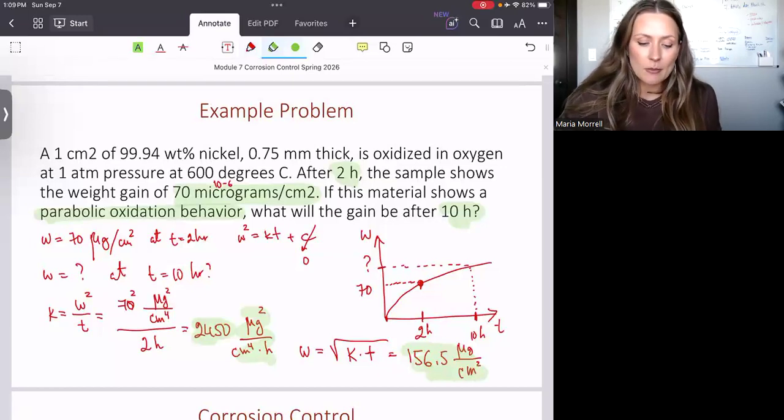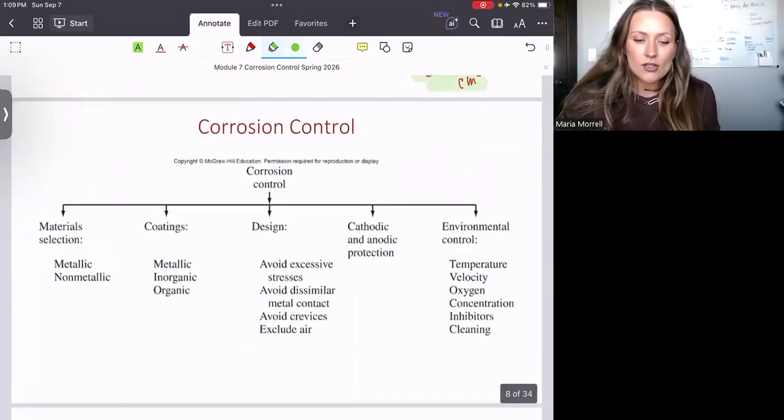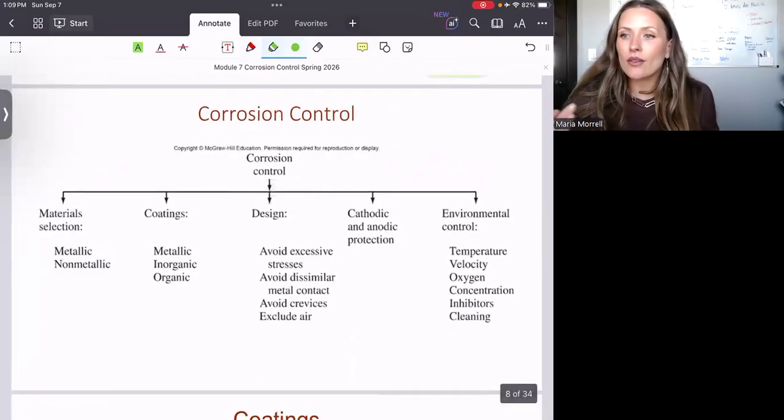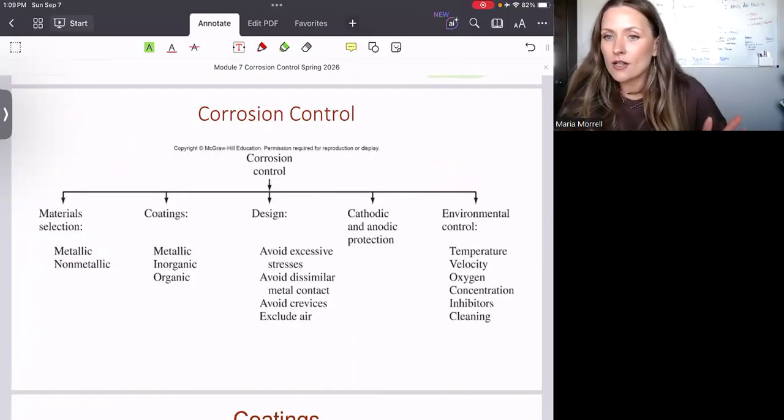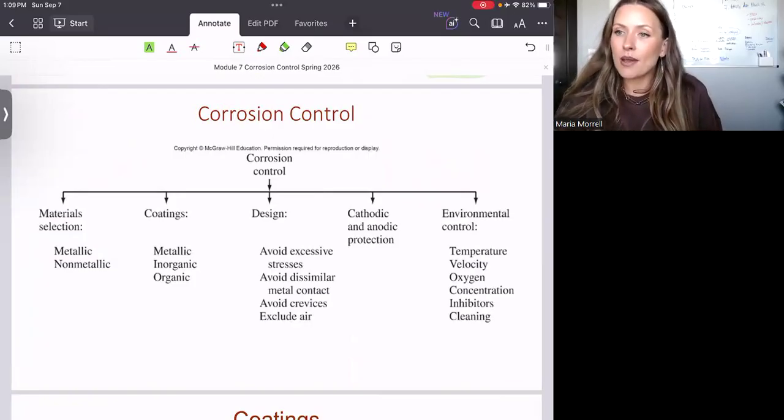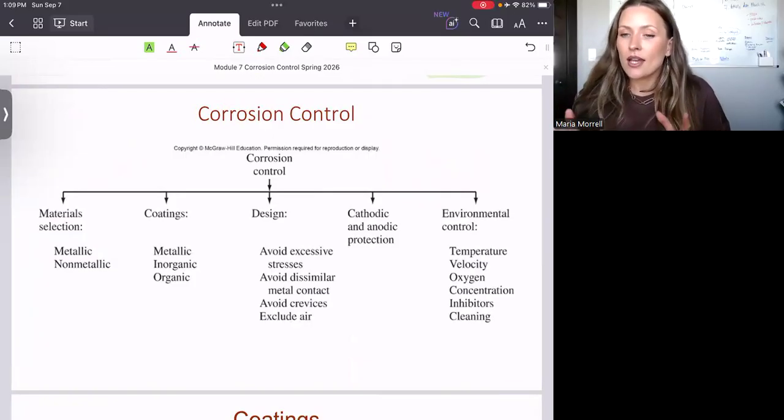All right, so now that we're familiar with the oxidation and the protective oxide films, we can move on to expand our toolbox to control the corrosion process.